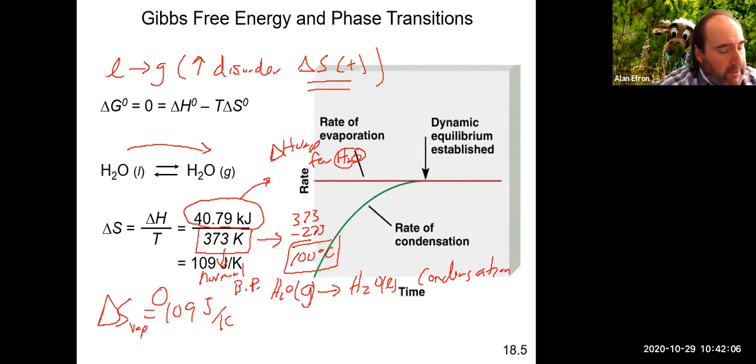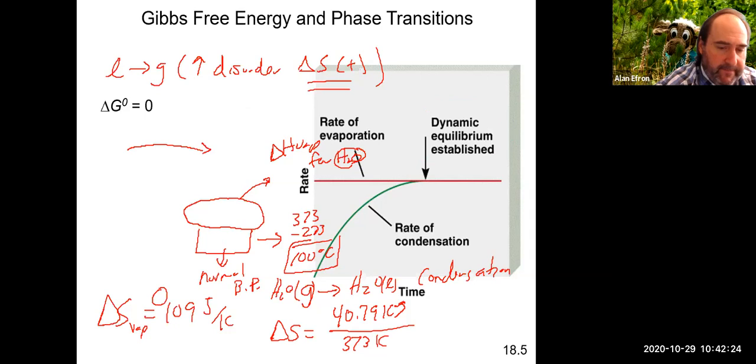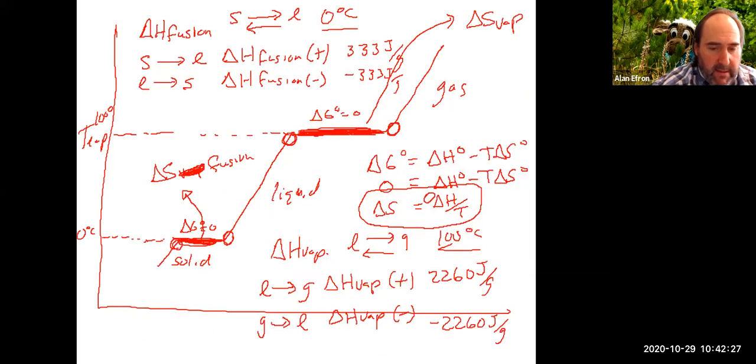As we go backwards, in terms of our calculation, not much is going to change because it is still 40.79 kilojoules, which is the heat of vaporization, over our 373 Kelvin. But the difference is that when we are going from gas to liquid, our delta H is actually a negative number.